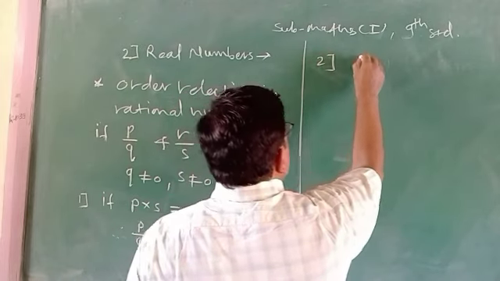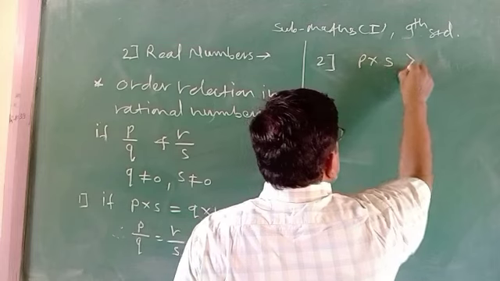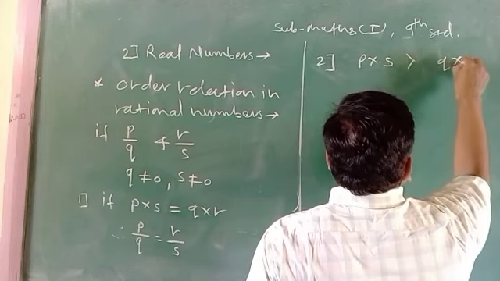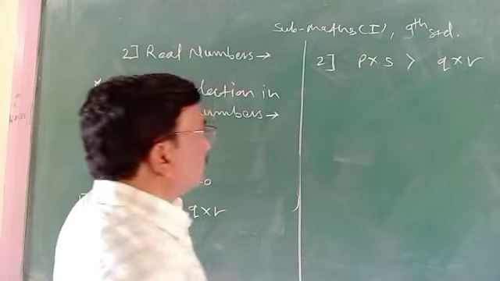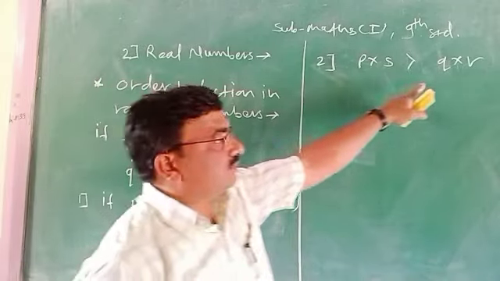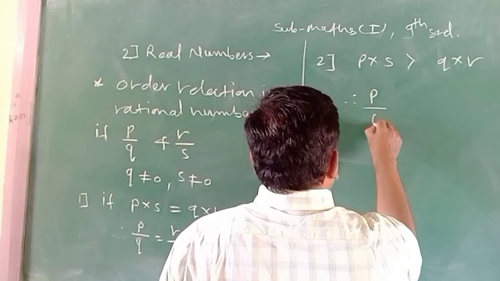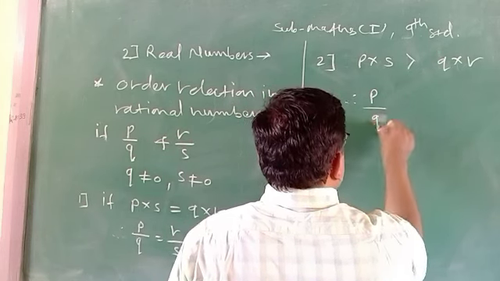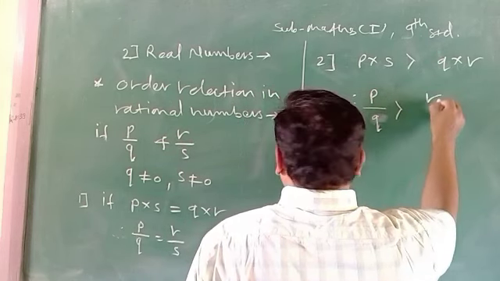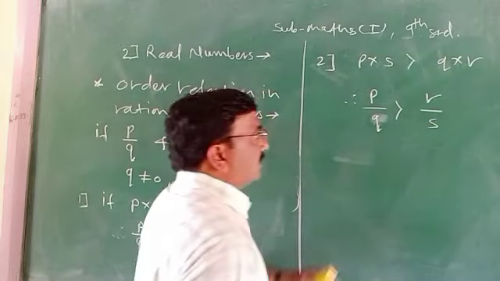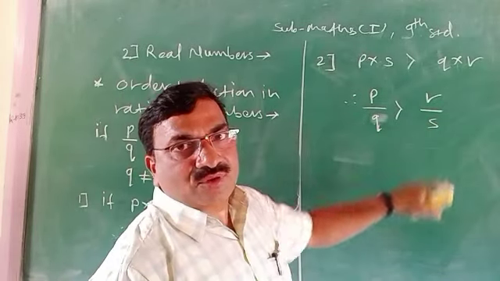Second, p into s greater than q into r, therefore p upon q greater than r upon s.